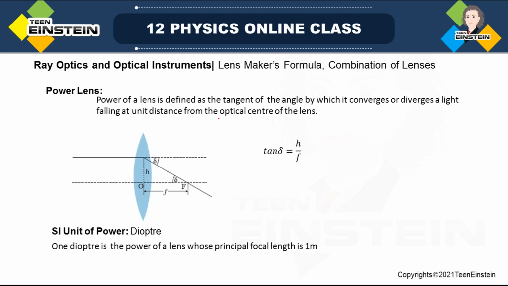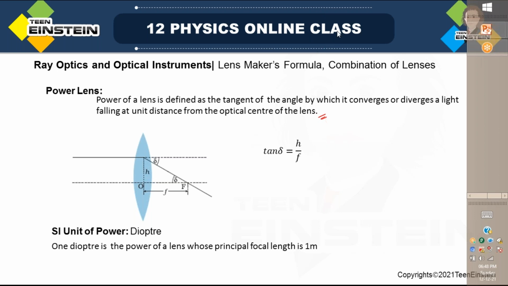And here, before I discuss this definition of the power of the lens, let me tell you what is power. Actually, power is the measure of how much light will be getting bent by a particular lens. Okay, so because of this power, a lens can diverge or converge the incident ray or refracted ray.